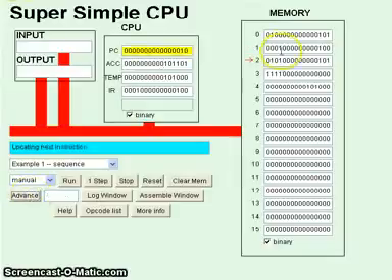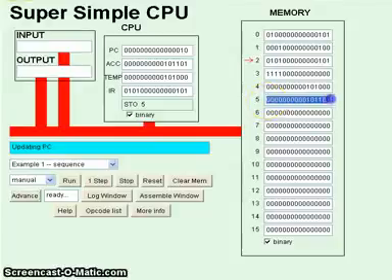And now we're going to update the program counter to the next location in memory, fetch that instruction, decode that instruction as a store 5. Well, let's see what that does. It's going to store the result into memory. It takes what's in the accumulator and puts it into location 5 in memory.